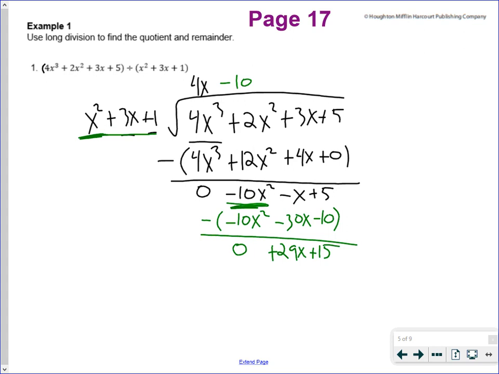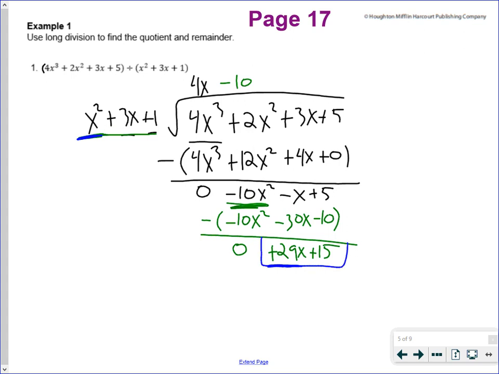So now we're going to see how many times x squared goes into 29x. And we can see there is no whole number that we can multiply x squared with to give us 29x. It doesn't exist. So from here, we're going to say, well, we're done. The 29x plus 15 is our remainder.